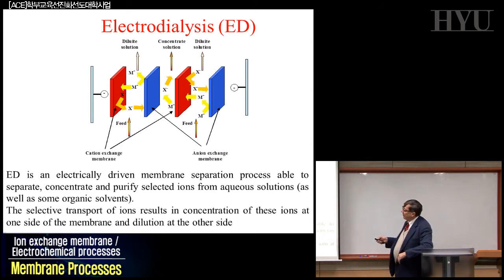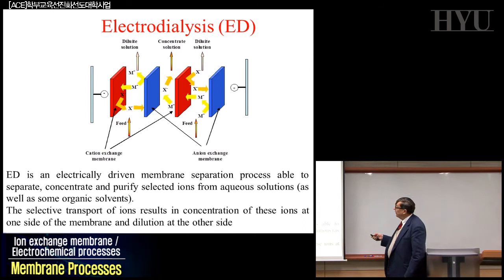If you have negative ions going in the other direction here, they will find a cationic membrane, 0 transport, so they cannot go across. So what we are creating here is a system in which here we just remove the salts, and here we cannot remove the salts. The water would stay there. So we extract the ions from one compartment and we concentrate them in the other one. And that is the way it works.